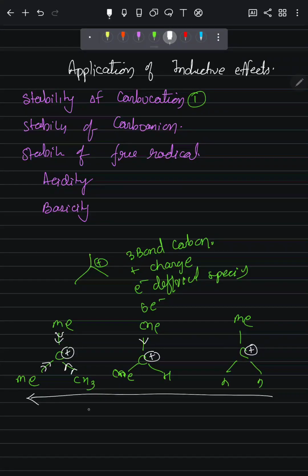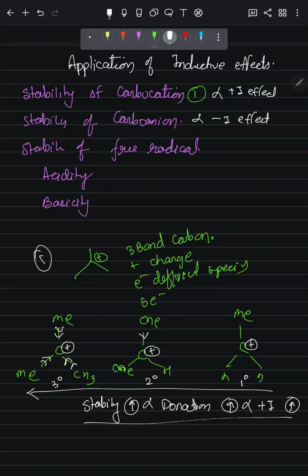So the order of stability is 3 degree more as compared to 2 degree and 1 degree. So if the stability is increasing, then donation also increases and the plus I effect also increases. These are all directly proportional to each other.